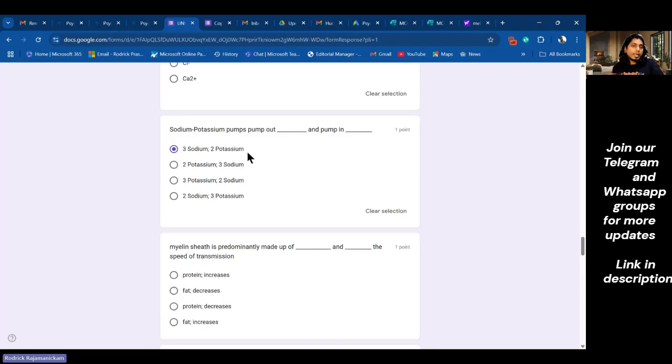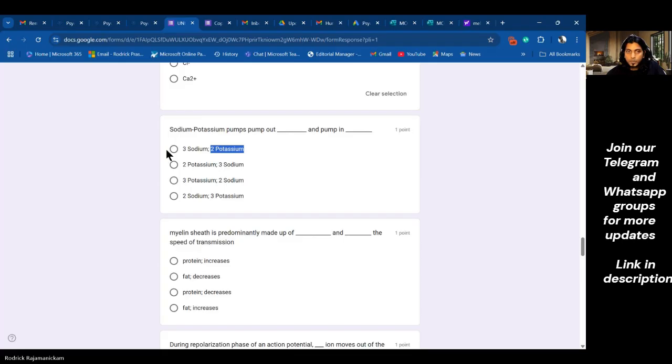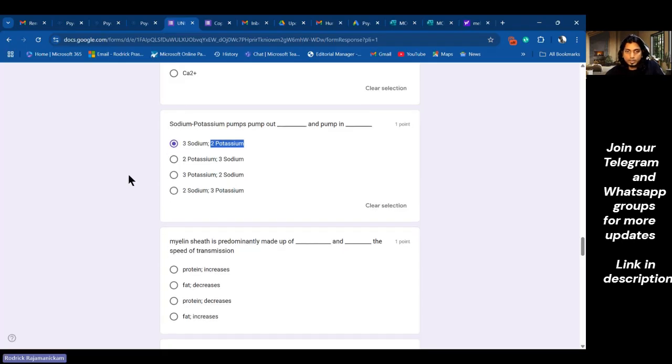Now if it equally exchanged, let's say 3 sodium for 3 potassium, then it would only maintain it. So it has to push out more sodium and take in less potassium so that the net positive charge is way lesser, and then there's an overall net negative charge. So it takes out 3 sodium and takes in 2 potassium. All right, hope that clarifies things.